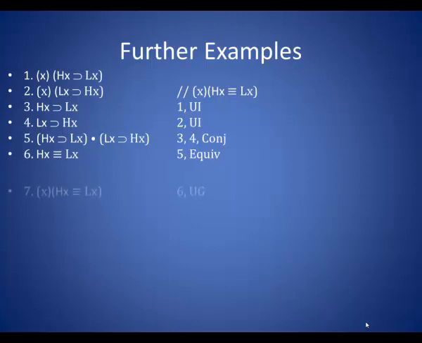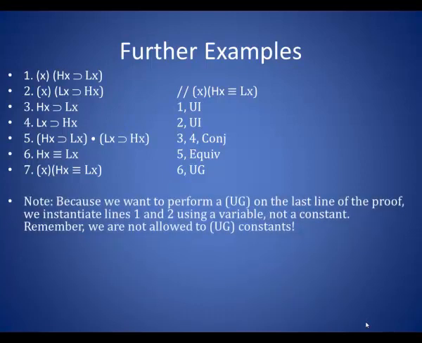And in order to do that, I'm going to use UG, and the problem is complete. So look at line 7, look at our conclusion. You'll notice they match. And I was able to do this by using 2 UIs, then my rules of implication, then reintroducing my quantifier on line 7.